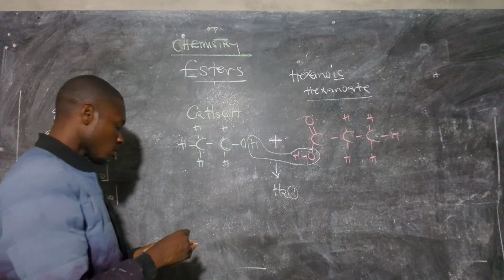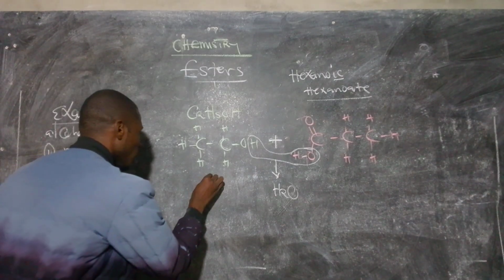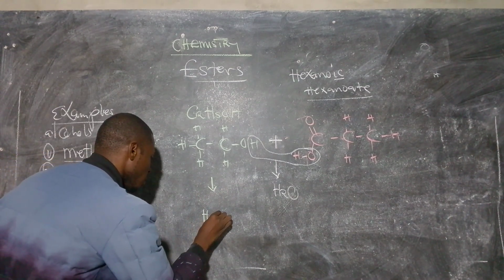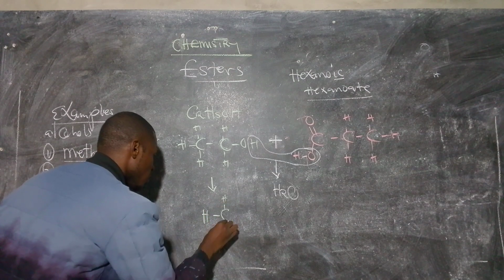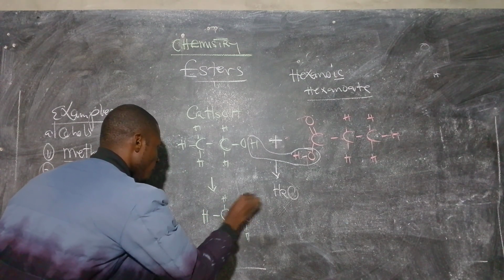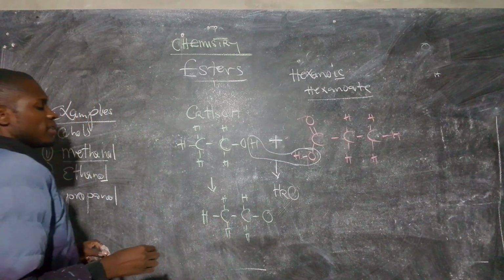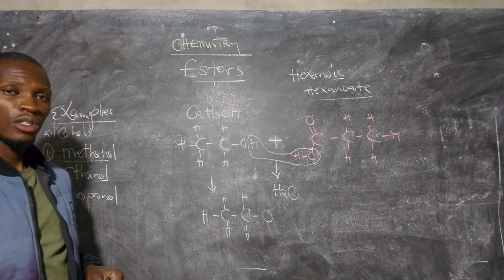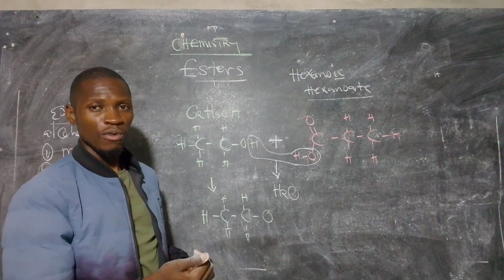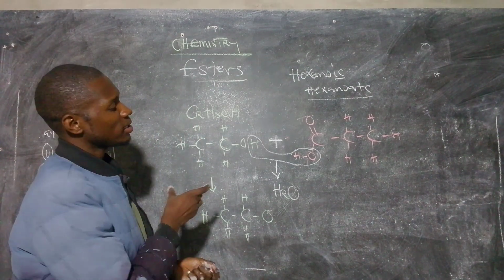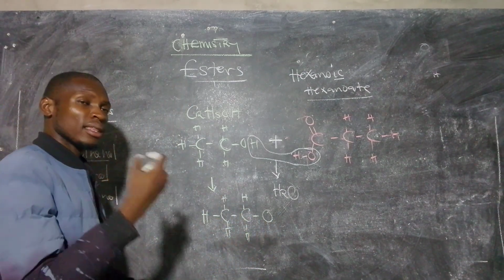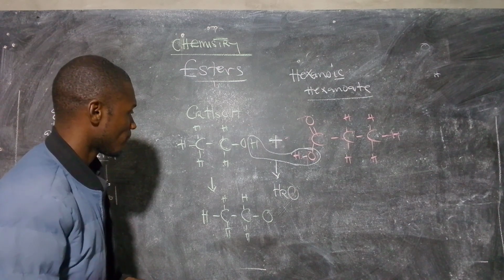Therefore, what has remained here? We have something like this. So I'm going bit by bit, very slowly for you to understand, because this part is a challenge to others, but we want to make sure that that problem is no longer there.